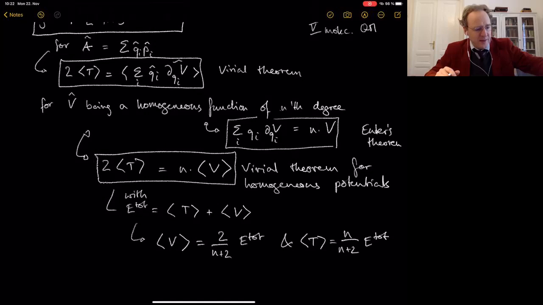Now we discussed some examples towards the end. In particular, we did discuss the harmonic oscillator and then the hydrogen atom.